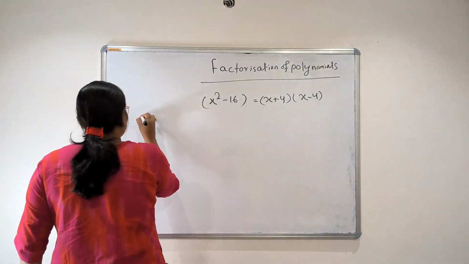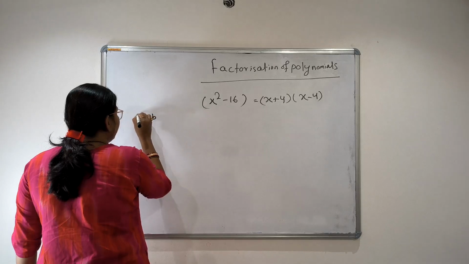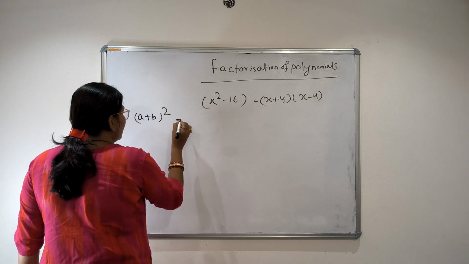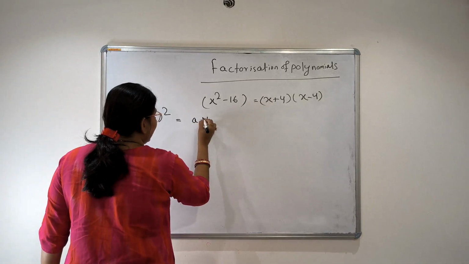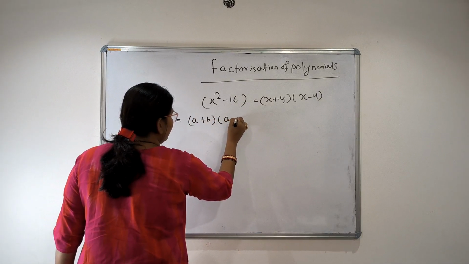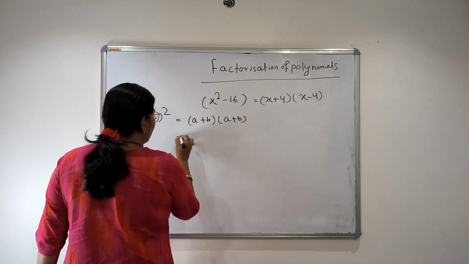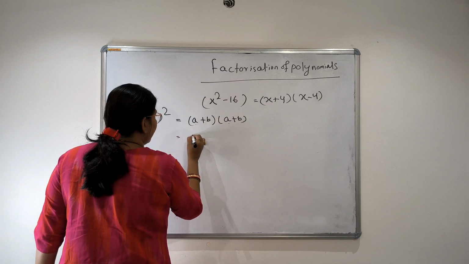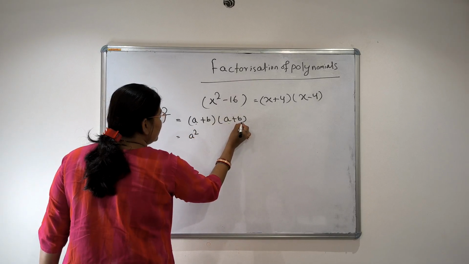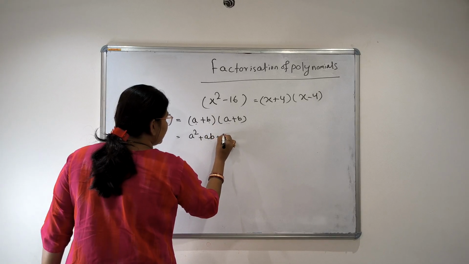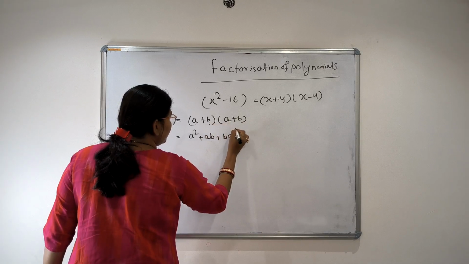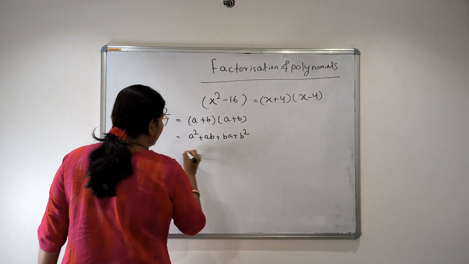So how to calculate a plus b whole square? I can write it as a plus b into a plus b: a into a is a square, a into b plus ab, b into a plus ba, b into b plus b square.